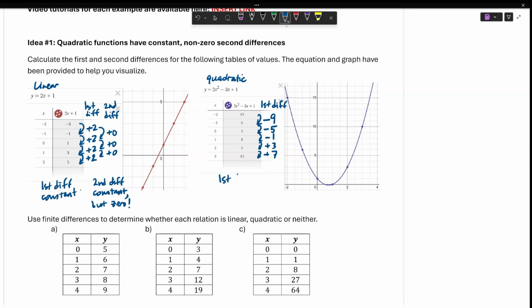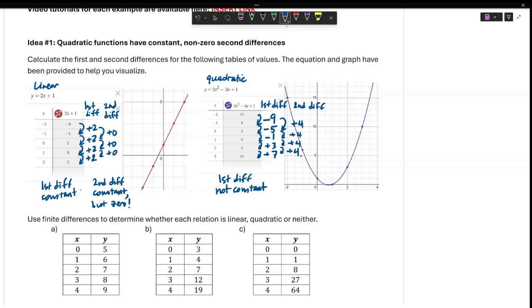So you'll see that the first differences are not constant, but they are linear, right? If you look at the second differences, these actually go up by 4 every single time in this case.